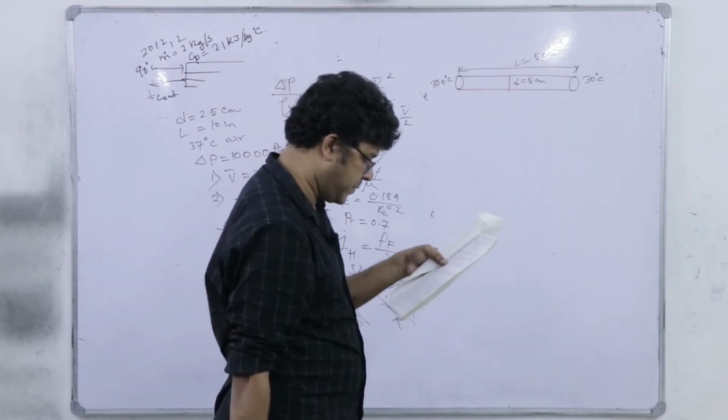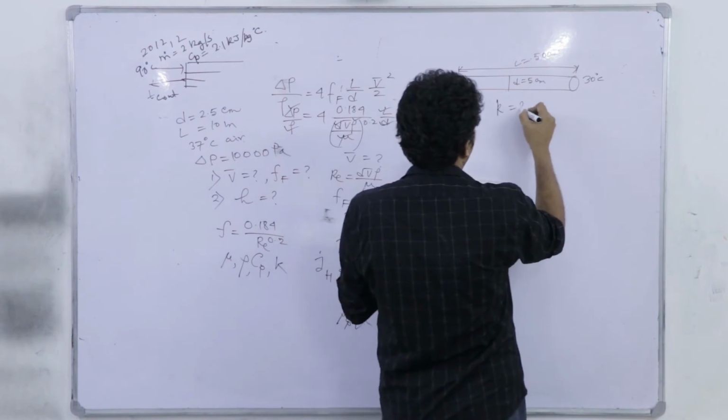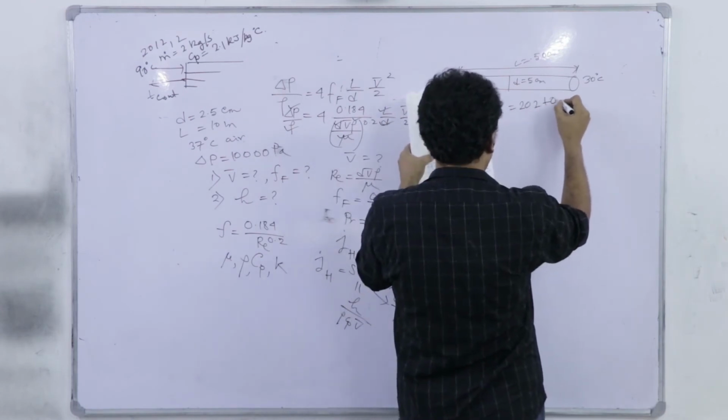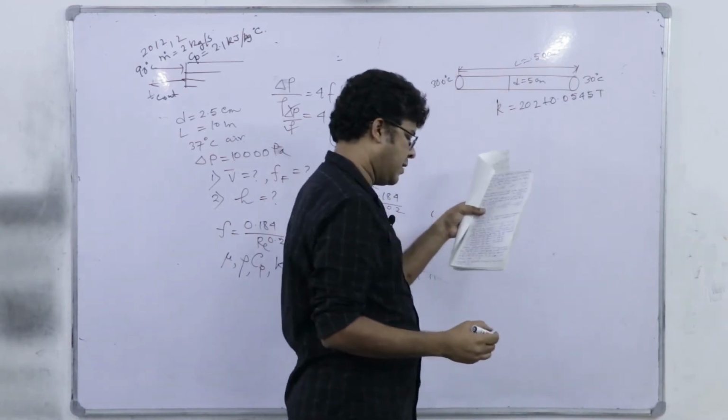The temperature dependent K of this metal rod is given as K equal to 202 plus 0.0545 T, where T is the temperature.